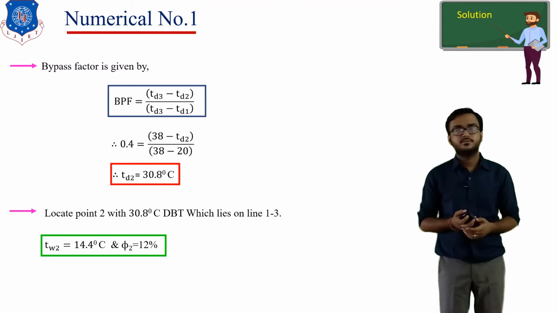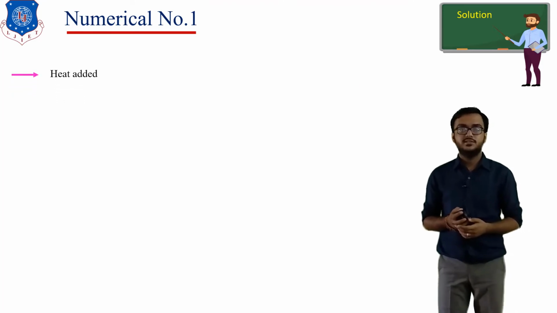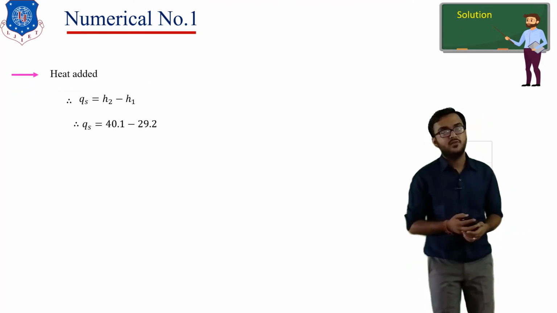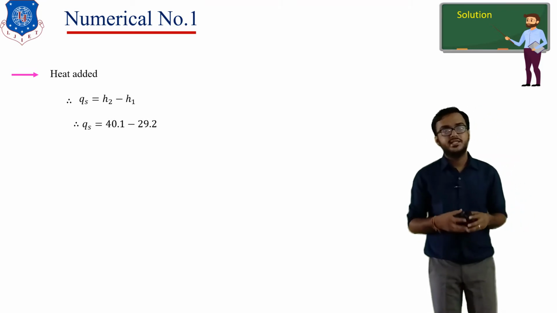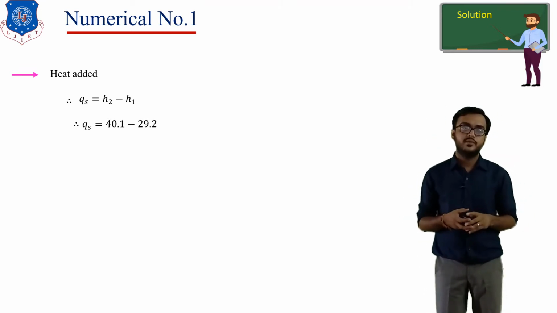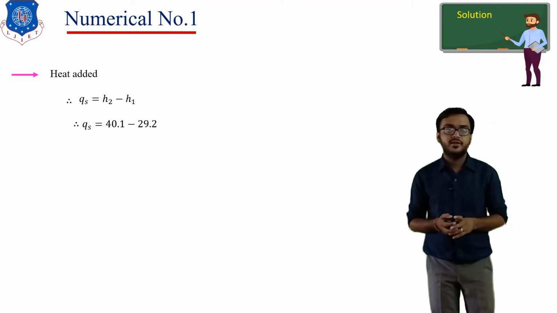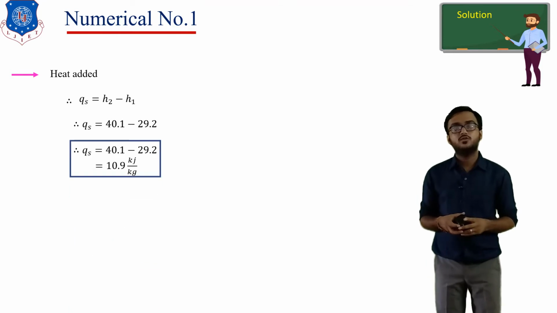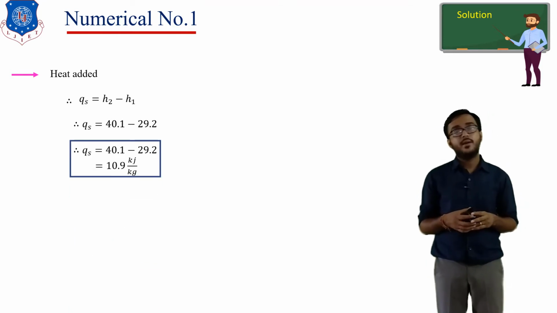Here, the values of H1 and H2 from the psychrometric graph are 29.2 and 40.1, that is, H2 is equal to 40.1 and H1 is equal to 29.2. Just subtract, and you will get the amount of heat added, equal to 10.9 kilojoule per kg. So it is all about the example related to the psychrometric chart.